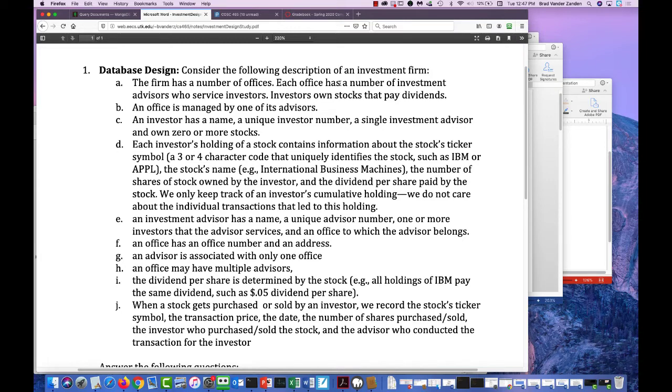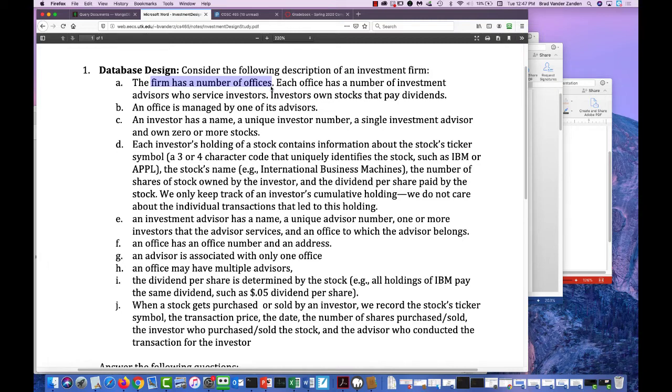Okay? So we'll start with something that always trips up about 1/5 of you, which is the firm has a number of offices, and I see in the ER diagram, I end up seeing firm has offices, and this is wrong.